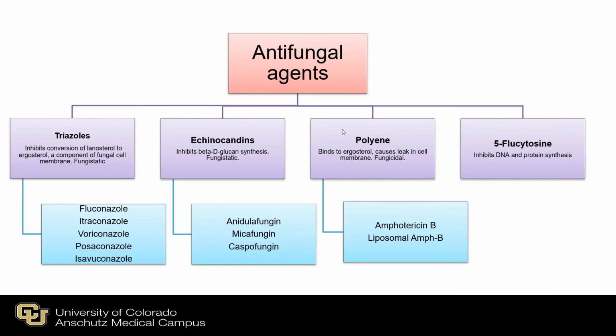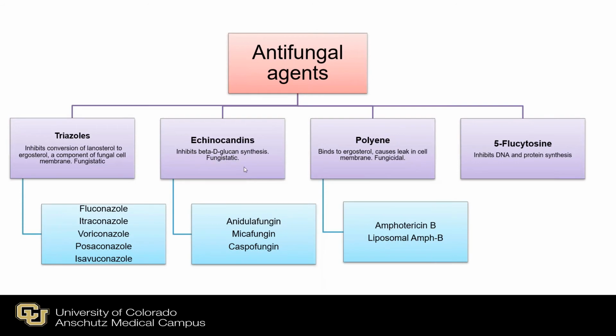Okay. Lastly, I just want to touch briefly on antifungal agents. In our clinical practice, we use triazoles, which include fluconazole, itraconazole, voriconazole, posaconazole, isavuconazole; echinocandins, which have these three agents, anidulafungin, micafungin, caspofungin; and polyenes, that's amphotericin-based therapy the most.